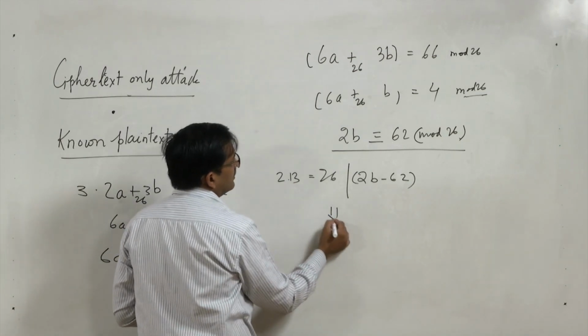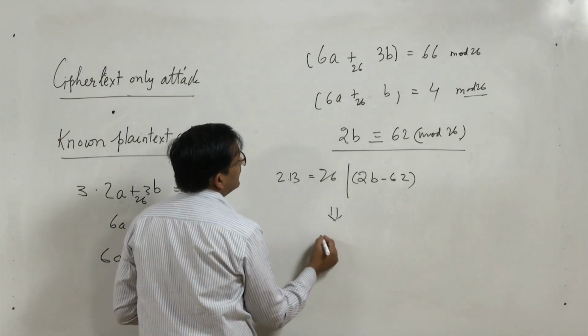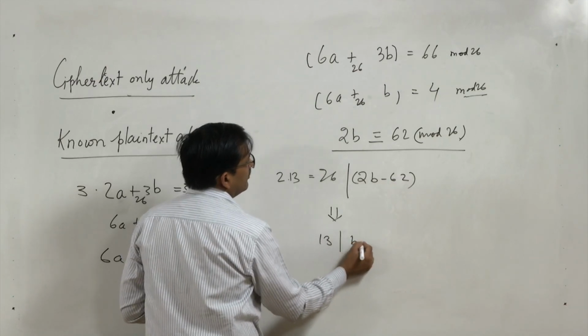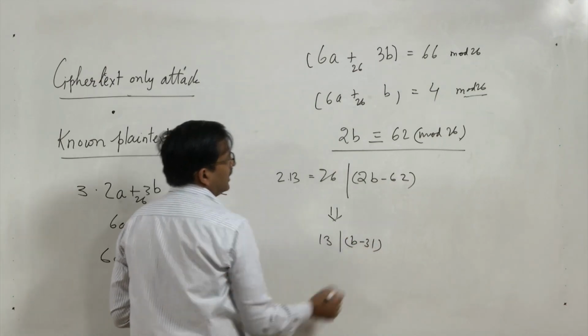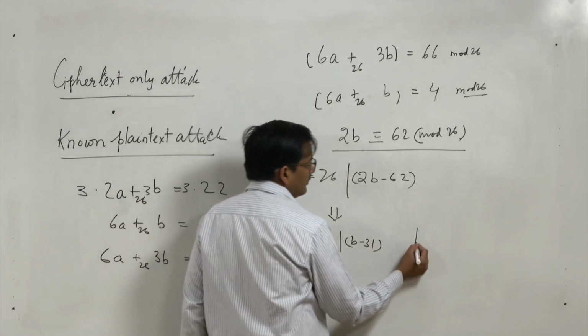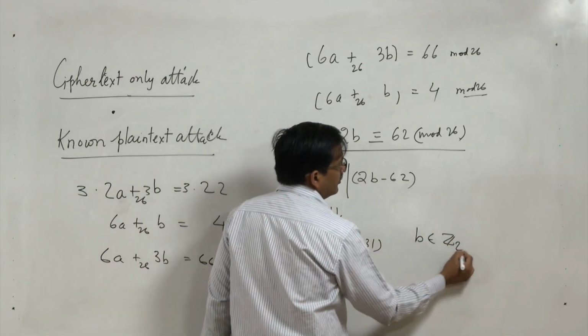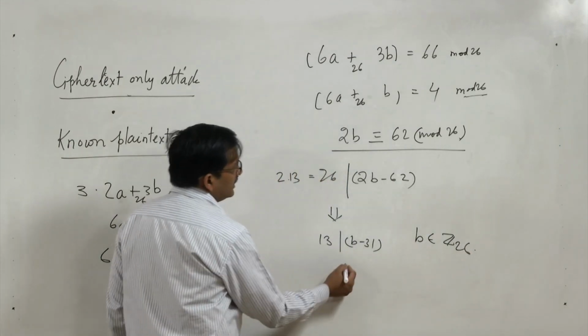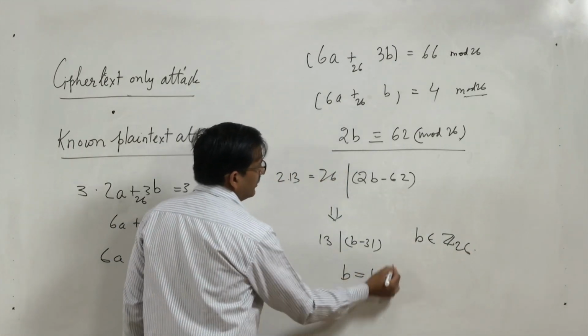So, from this we know that 13 divides B minus 31, and by our definition B is an element of Z sub 26, and the only such B possible is B equal to 18.